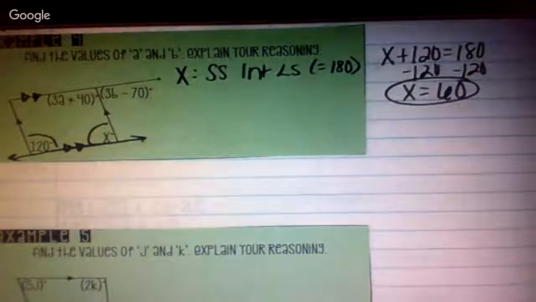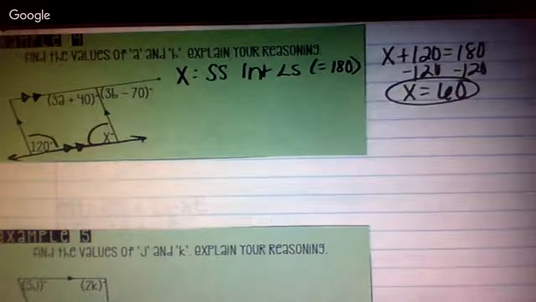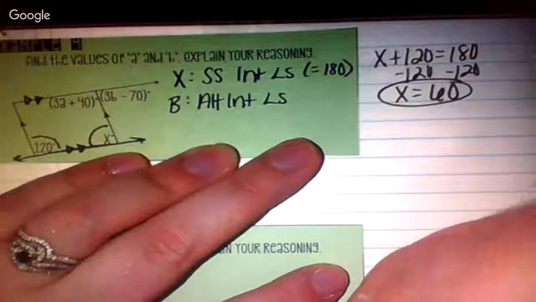Those are alternate. What's alternate? The X and the 3B. Good. So if I'm solving for B, I've got alternate interior angles, which means they're equal.